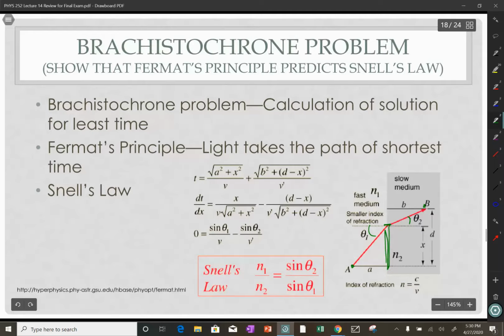And you get that equation for the total time, which I actually wrote here, with v and v prime. v is the speed in the fast medium, v prime the speed in the slow one. And then you want to minimize it, so you take the derivative with respect to x and set it equal to 0. Right, that's how you minimize. And then you solve this, and it gives you Snell's law. So you should be able to go through and do that.